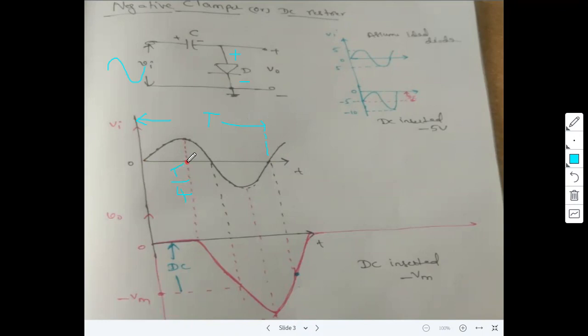Here the input is a positive going sinusoidal signal. During this, diode D conducts, diode D enters into the on state. Whenever diode D is on, it behaves like a short circuit.